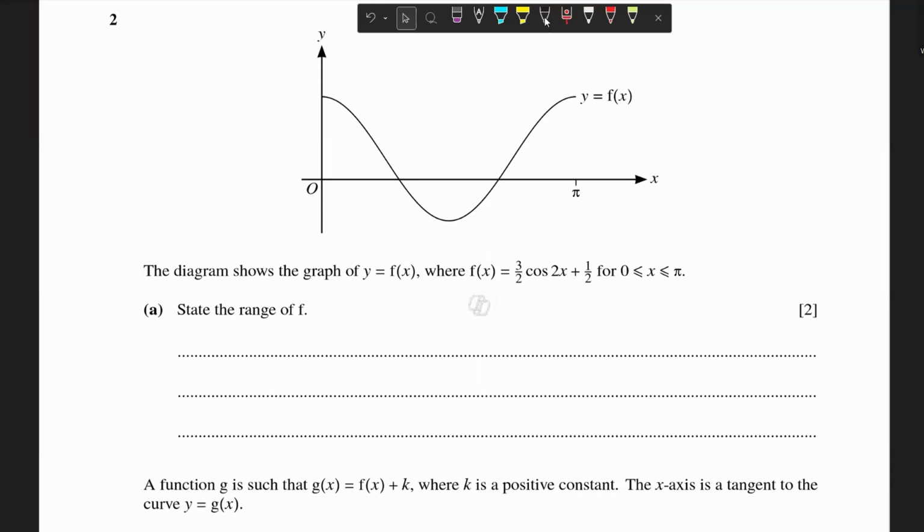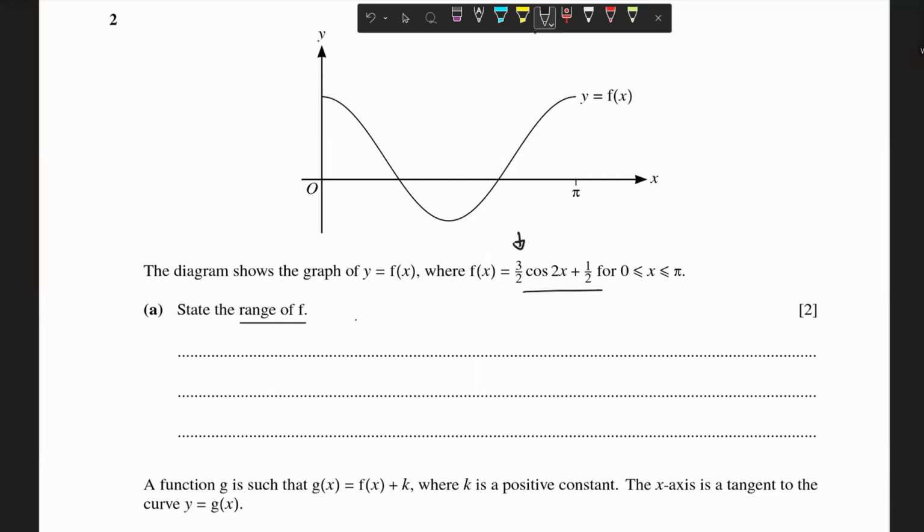All right, so here for the range of f, remember, range is the set of y values. The transformations going on here which would affect the y values are represented by 3 over 2.